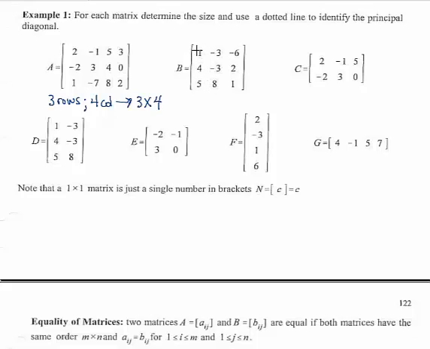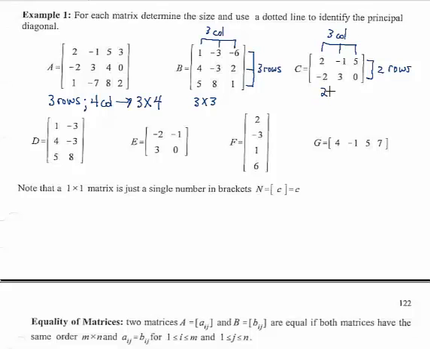B has 1, 2, 3 rows and 1, 2, 3 columns. So B is a 3 by 3 matrix. C has 2 rows and 1, 2, 3 columns.